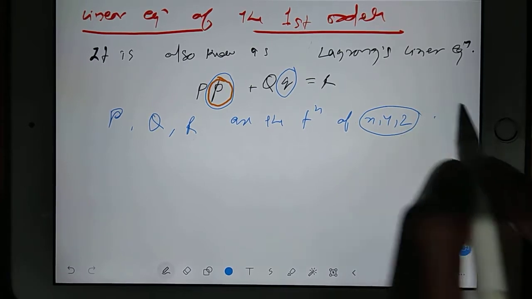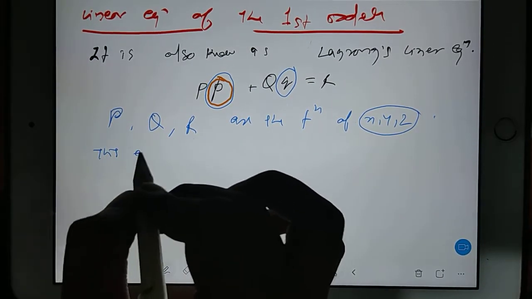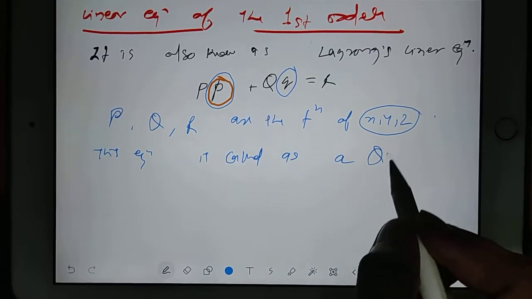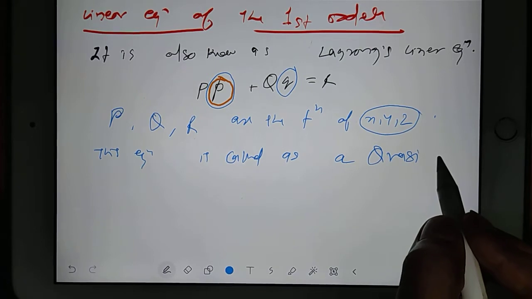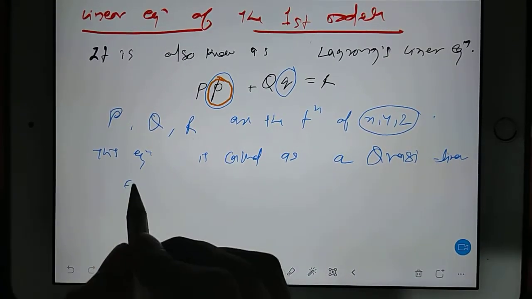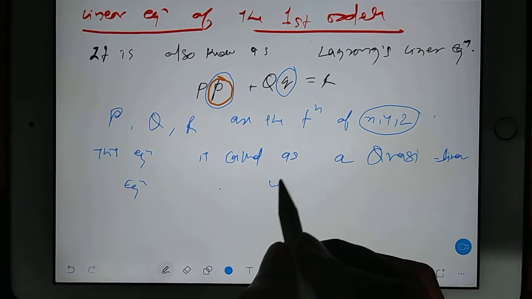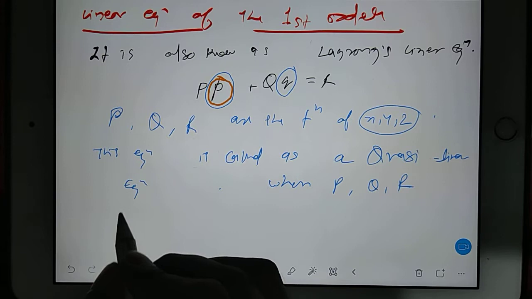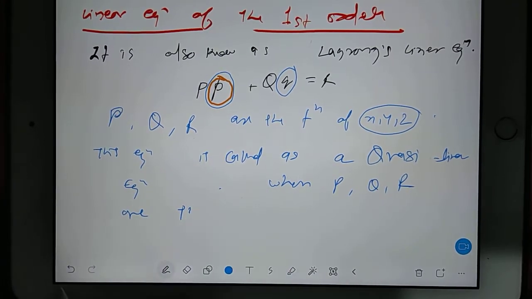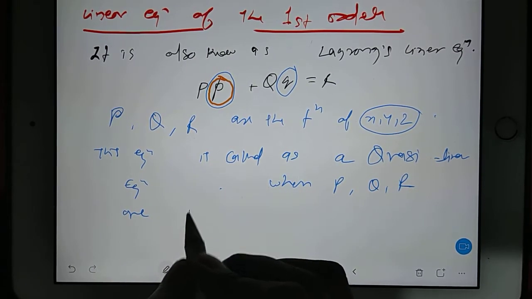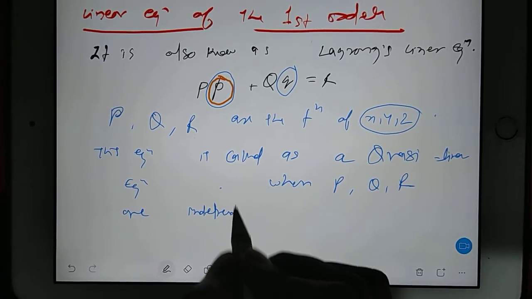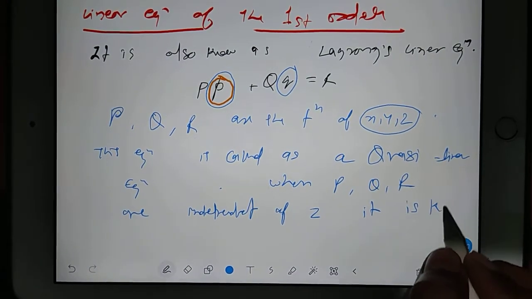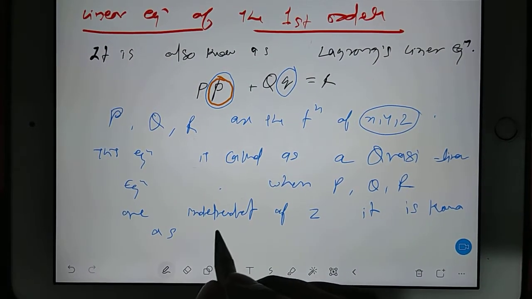Okay, and this equation is called a quasi-linear equation. When P, Q, R are independent of z, it is known as a linear equation.